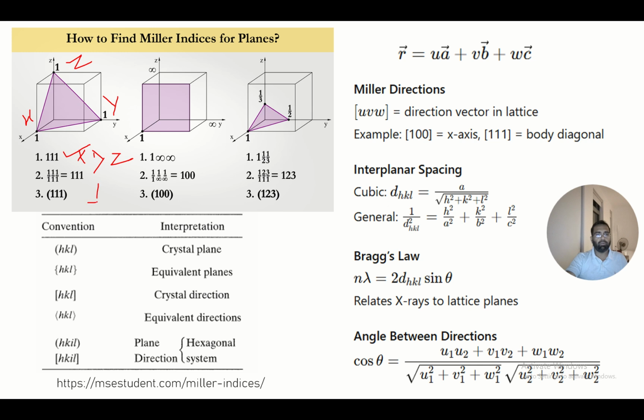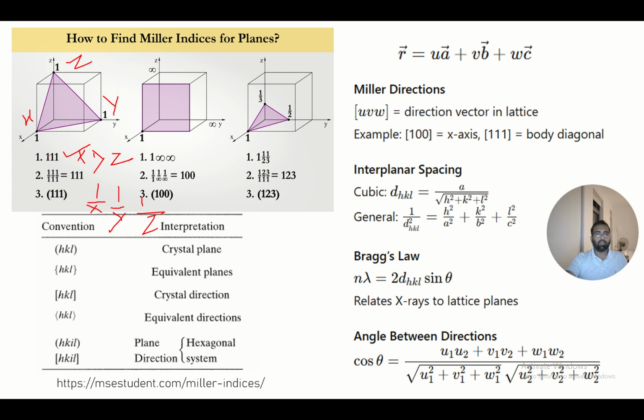What you will do is take 1 by x, 1 by y, and 1 by z. This way you will get the Miller indices, and you put them in parentheses. We can represent this by a parenthesis, put these in, and close it, and this represents the crystal plane.